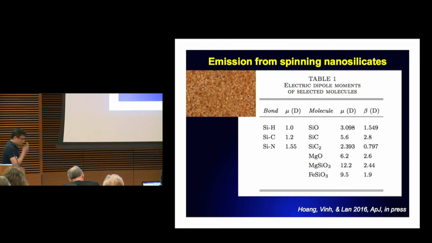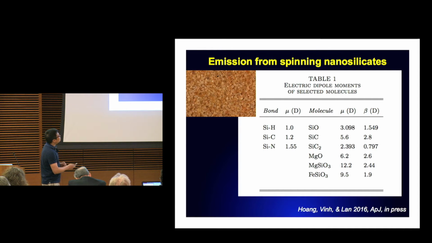So the first idea is that anything that has a dipole moment and spins extremely fast can produce anomalous emission. So now, how about silicon nanoparticles? It's like a very small sand nanoparticle. Each silicon monoxide molecule has a dipole moment of about 3 Debye.